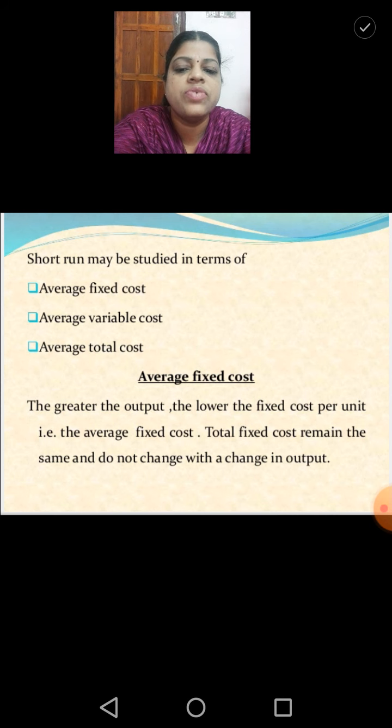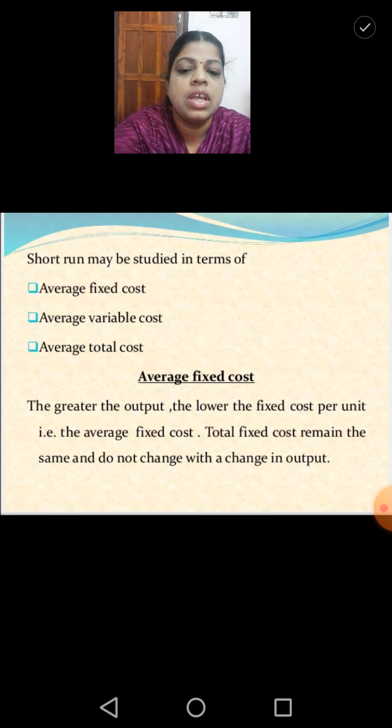Average fixed cost, what is that? The greater the output, the lower the fixed cost per unit. That is the average fixed cost. Total fixed cost remains the same and does not change with a change in output.